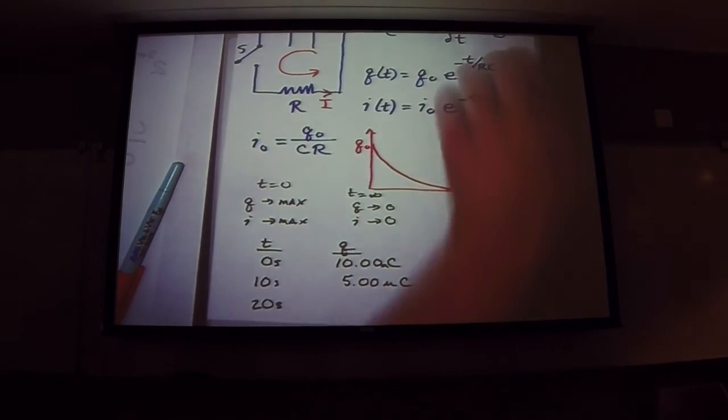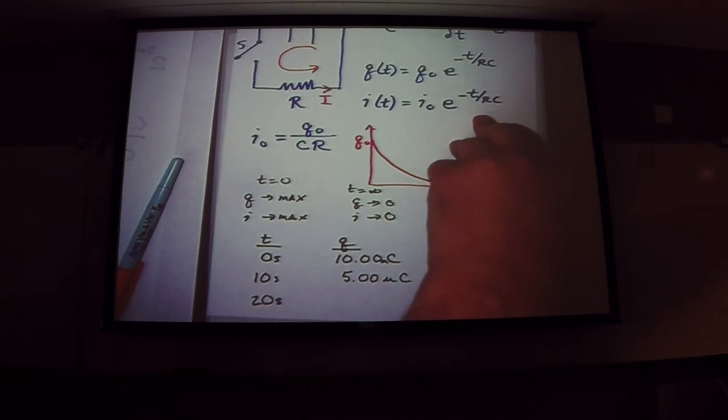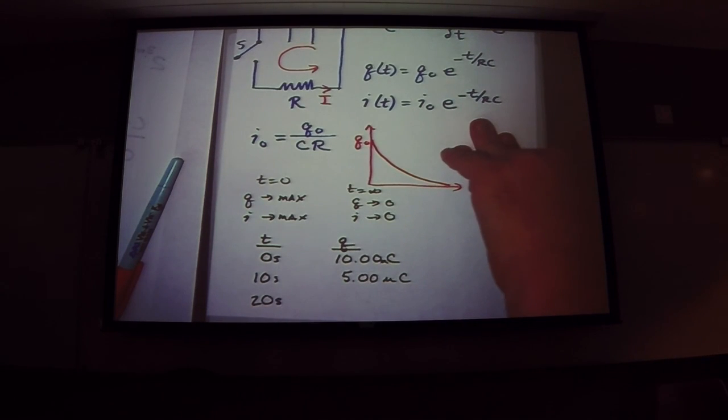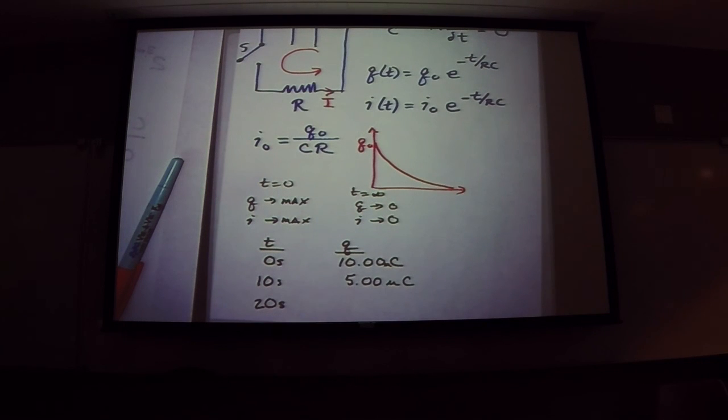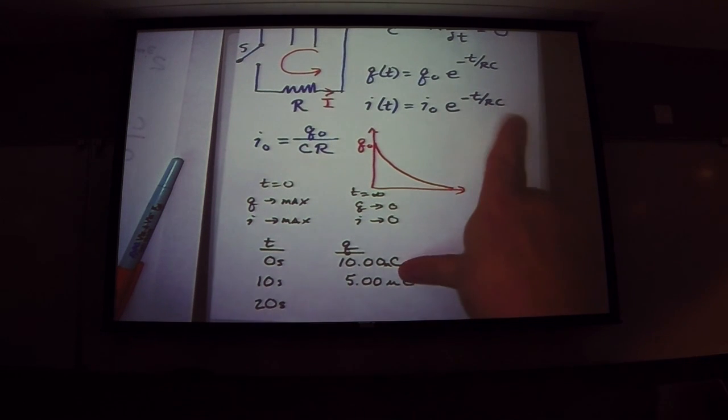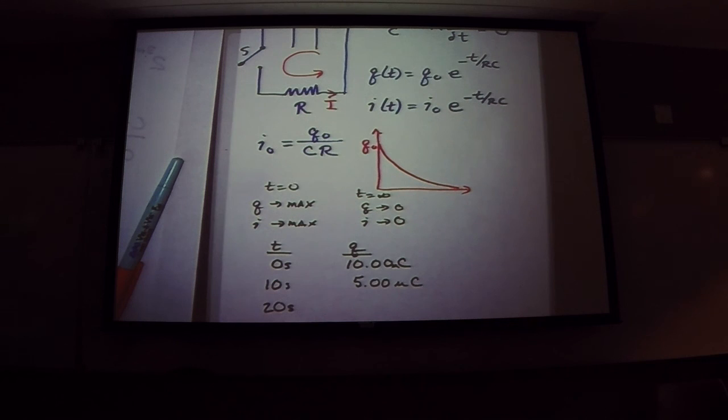Notice that this is exponential decay. It's just like every other exponential decay. The only thing is instead of describing the time, we describe it as a time constant, RC. But we could come up with a different time, as in a half-life.